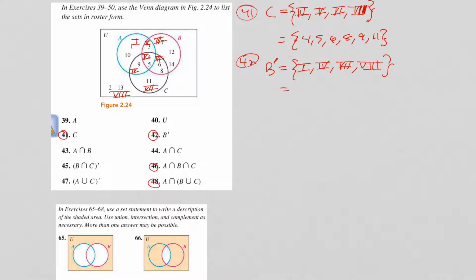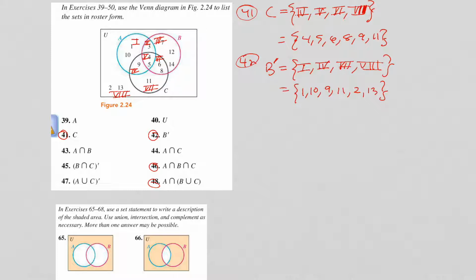Okay, so I'm just going to copy the numbers from those regions, and I'll do them in the order of the region instead of least to greatest. So 1, 10, 9, 11, 2, and 13. Okay.